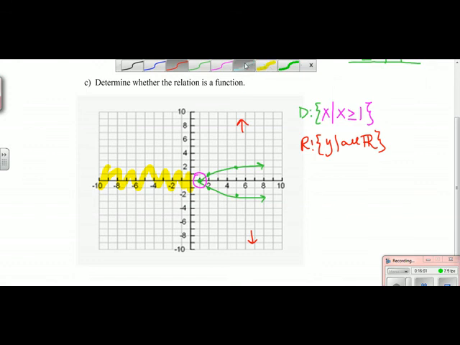Now, my last step asked me to think about the vertical line test, and I think it's pretty clear that it's going to fail. And so this is not a function. Graphing is really the key to see if things are functions or not.